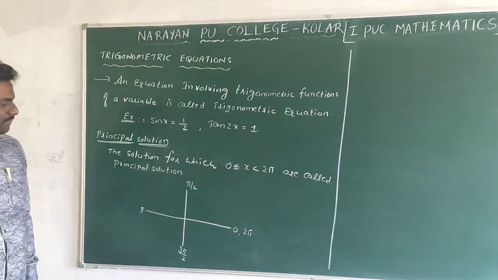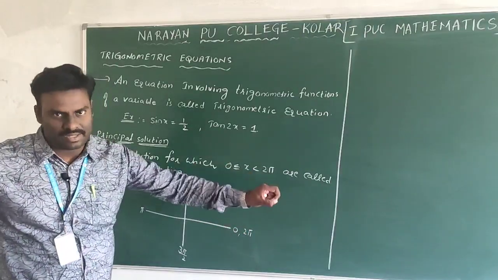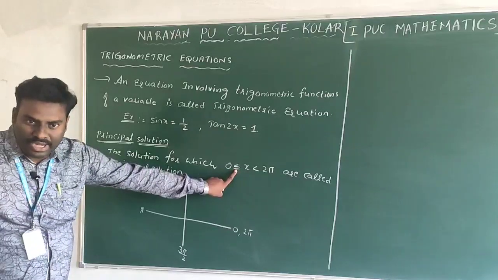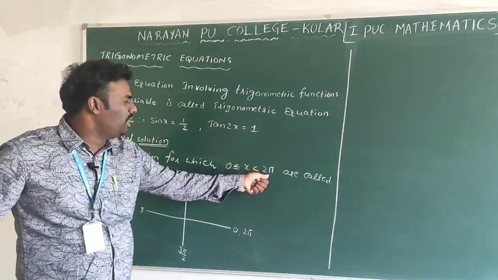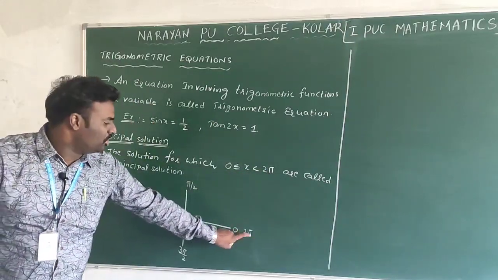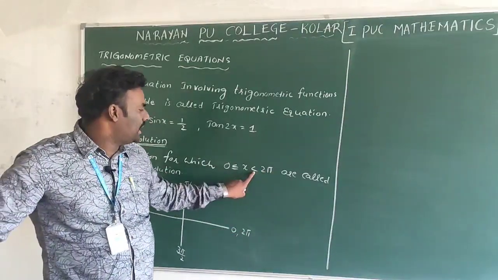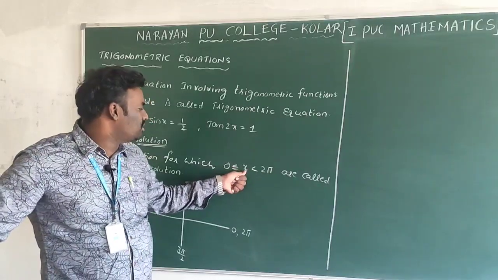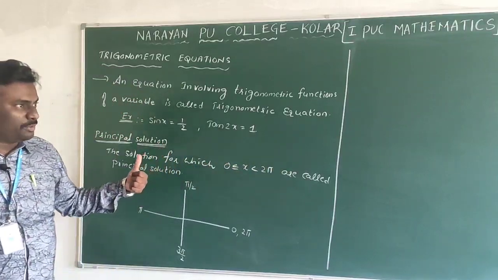From this diagram, 0 and 2 pi both are the same. Already 0 is included, because equal to is there. That's why there is no need to include 2 pi. So these are called principal solutions.